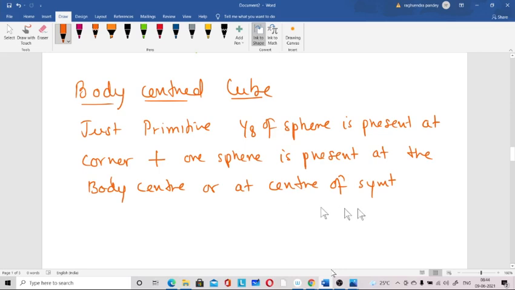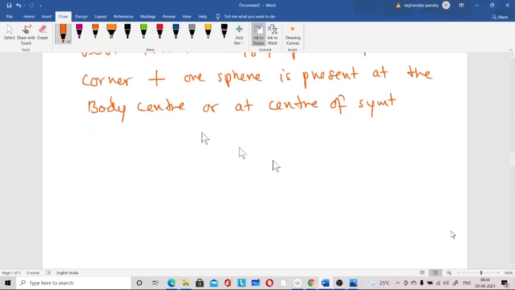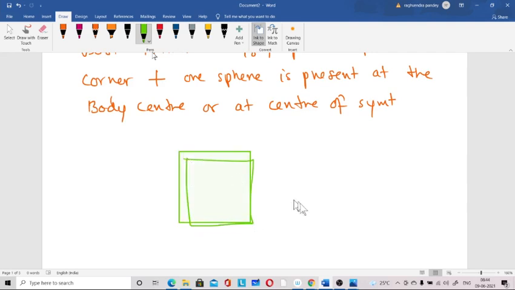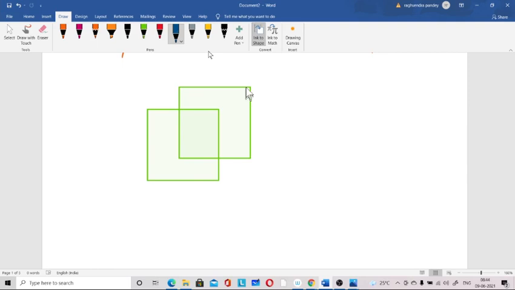Now in the body centered cube, what happens here is that 1/8 of a sphere is like this, and this is another 1/8 of a sphere.